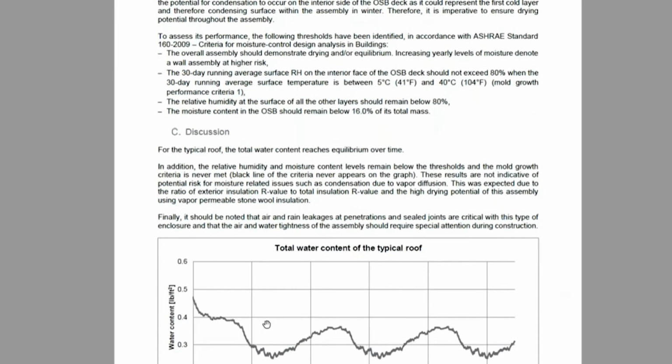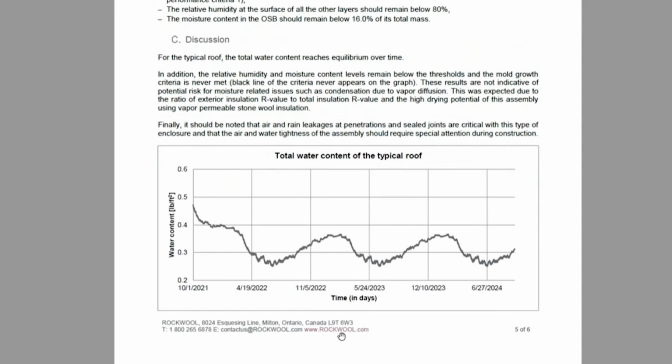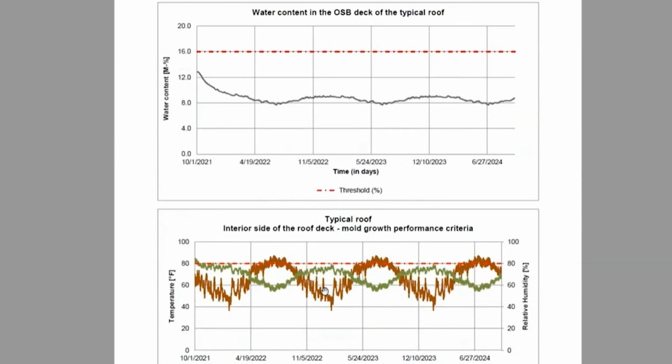Then once we validate that the water content is not increasing, we start looking at the water content of the sheathing. So if you scroll down in this assembly, I believe it's using the OSB, as they mentioned earlier. We put a threshold around 16% of the OSB weight.